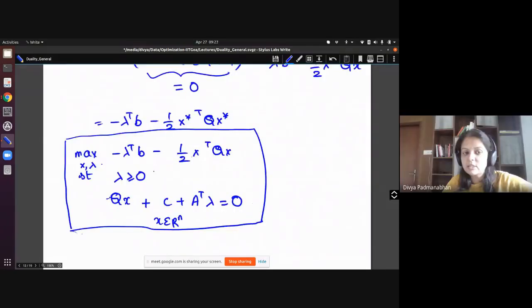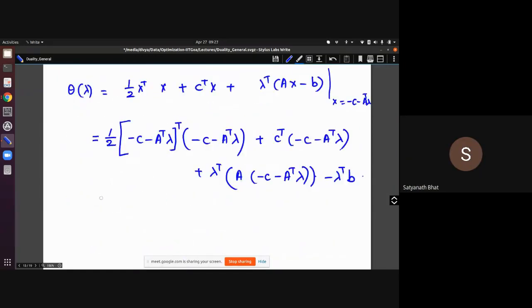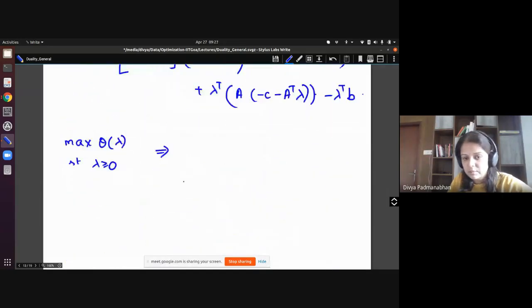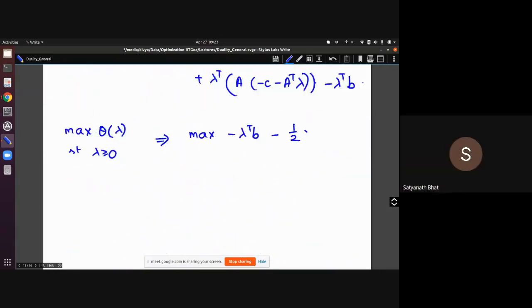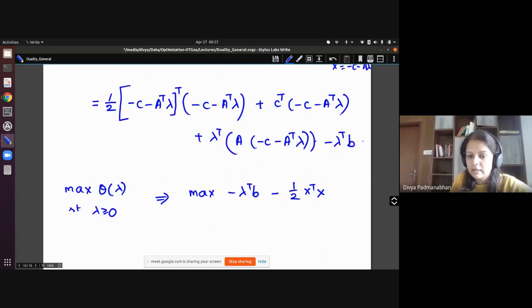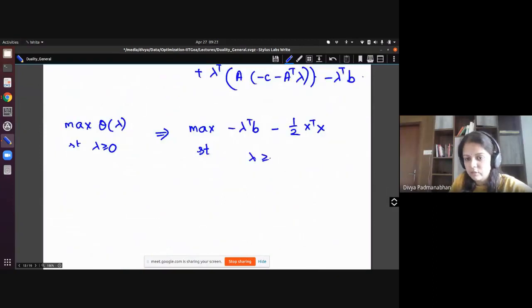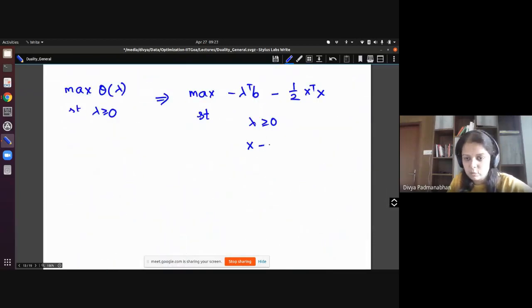So the overall dual is: maximize minus lambda transpose b minus half x transpose x, subject to lambda greater than or equal to 0, and x we have in closed form now. So x is minus c minus A transpose lambda.